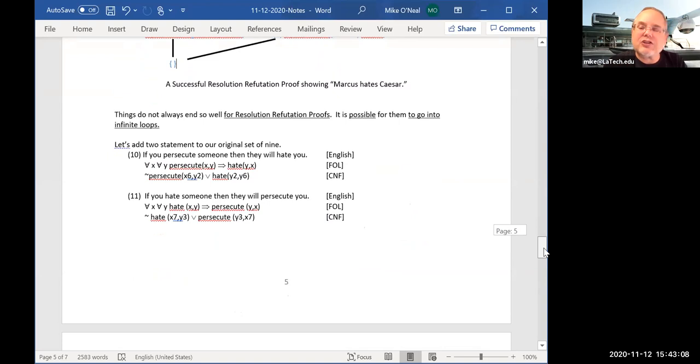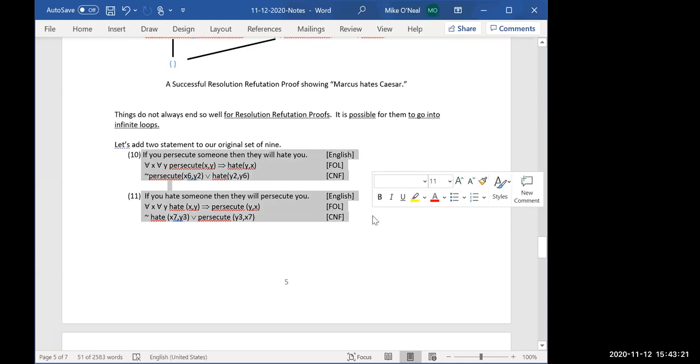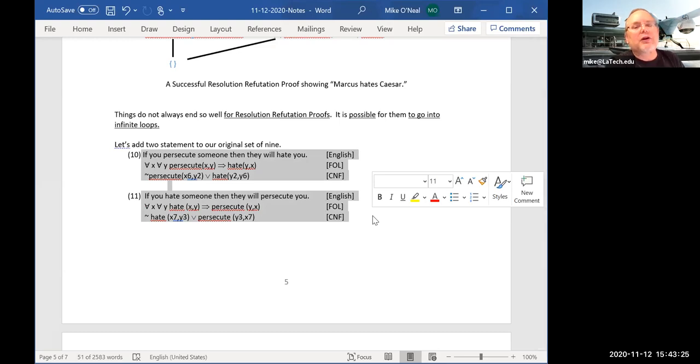Sometimes resolution refutation proofs can get stuck in infinite loops. We talked about that. Let me show you an example. Let's expand our little story yet again by adding 2 more rules about persecution. If you persecute somebody, they're going to hate you, right? If I'm really mean to someone and I torture them, I persecute them, they're going to hate me. If you hate someone, though, you tend to persecute them.